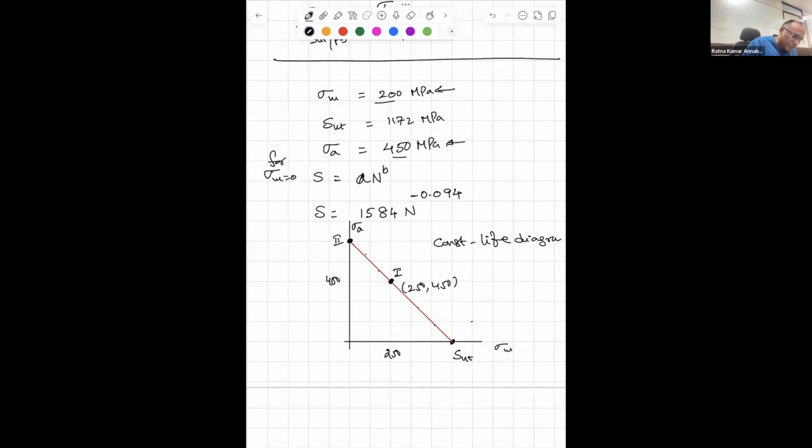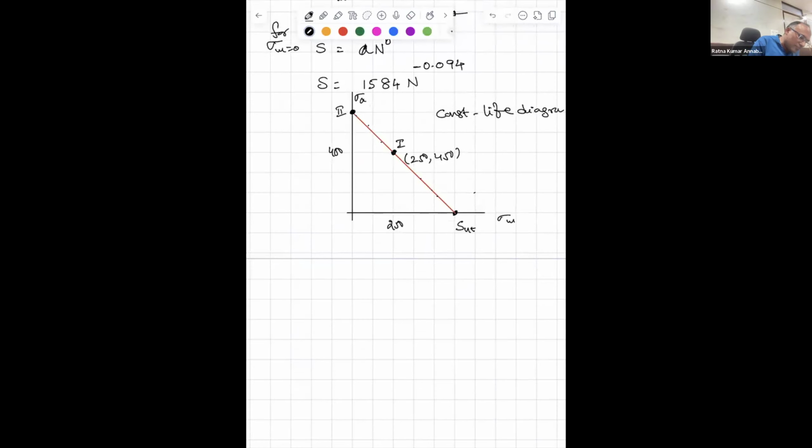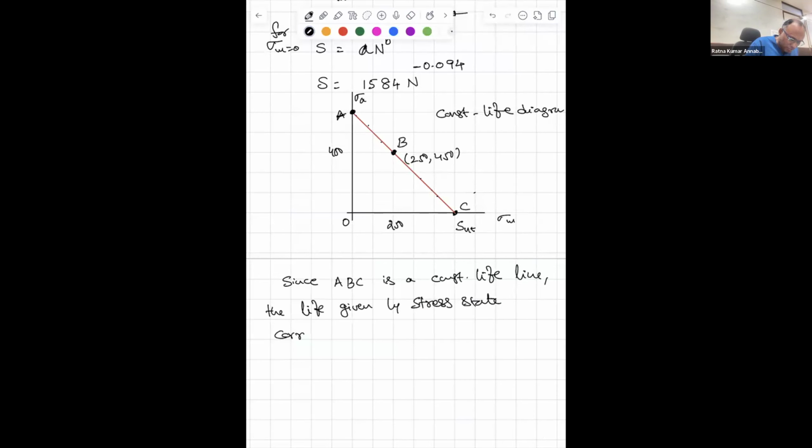Let us say this is point 2, and I will name it differently: let us say O, A, C, and let us call this point B. Since ABC is a constant life line, the life given by the stress states corresponding to points B and A will be the same.